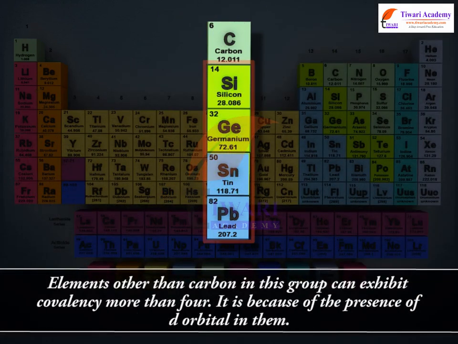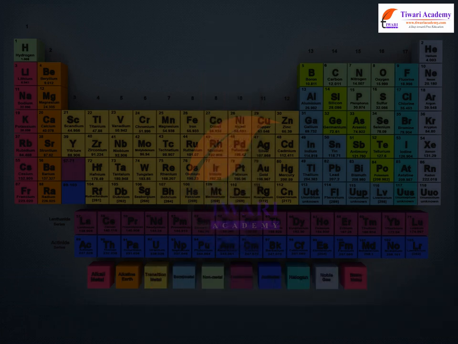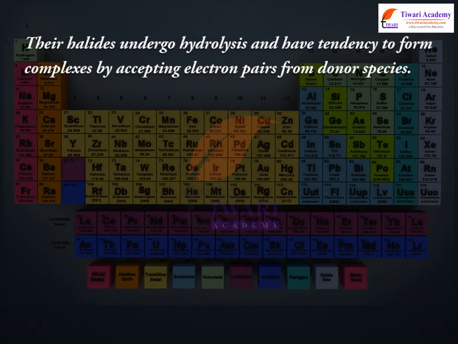Elements other than carbon in this group can exhibit covalency more than 4. It is because of the presence of d orbital in them. Due to this, their halides undergo hydrolysis and have tendency to form complexes by accepting electron pairs from donor species.